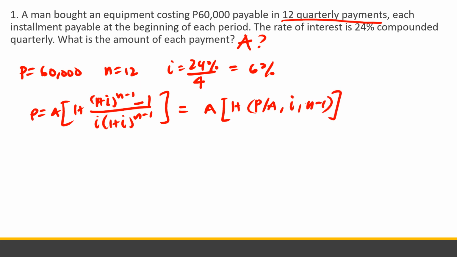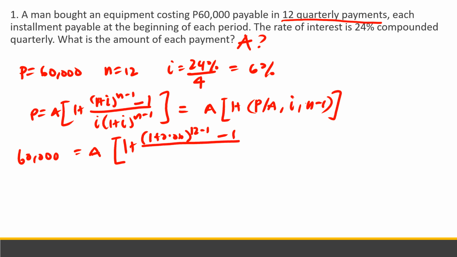Okay, so P is 60,000 pesos. A times [1 plus (1 plus 0.06) to the 12 minus 1 minus 1 over 0.06 times (1 plus 0.06) to the 12 minus 1].